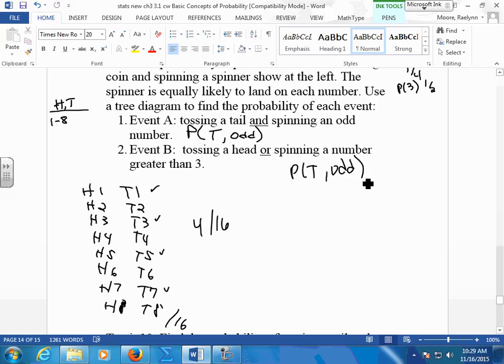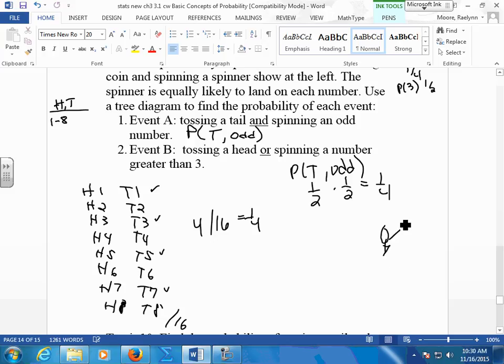Now, work with me for a second. What is the probability of getting tails in your flip? Just your flip. In your spin, what is the probability of getting an odd? A half. Isn't it half odd, half even? 4 out of 8? Now when I multiply this, isn't that the same as this? And on your tree, can't you do your probabilities?